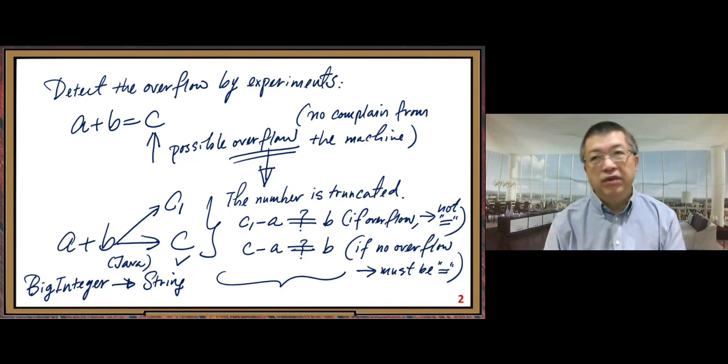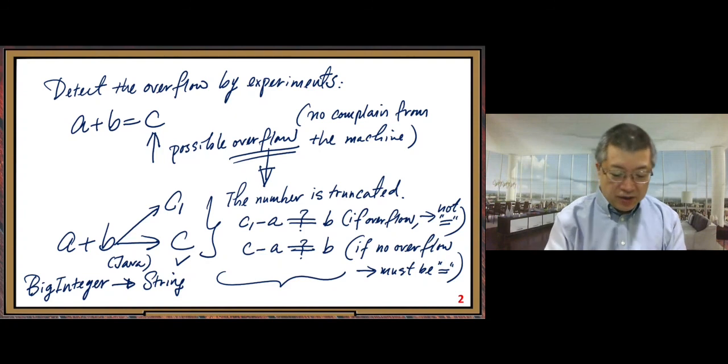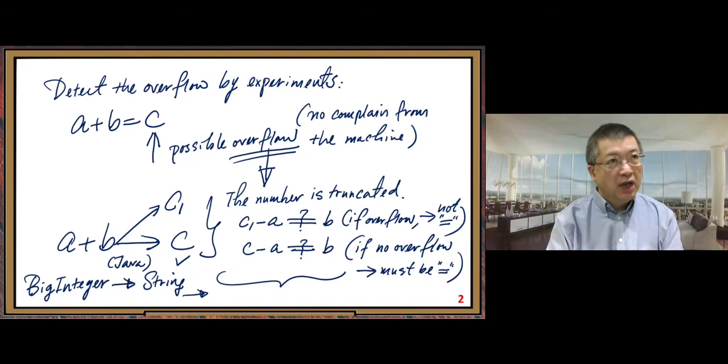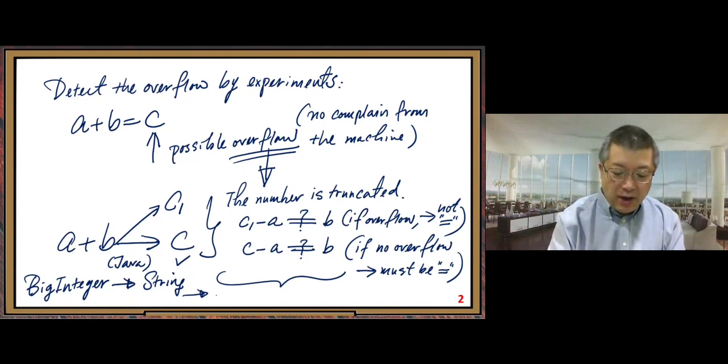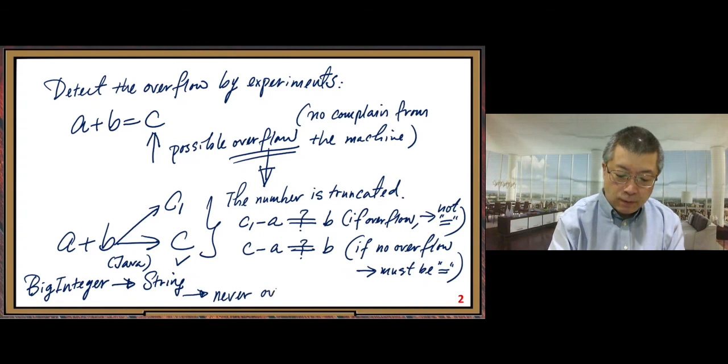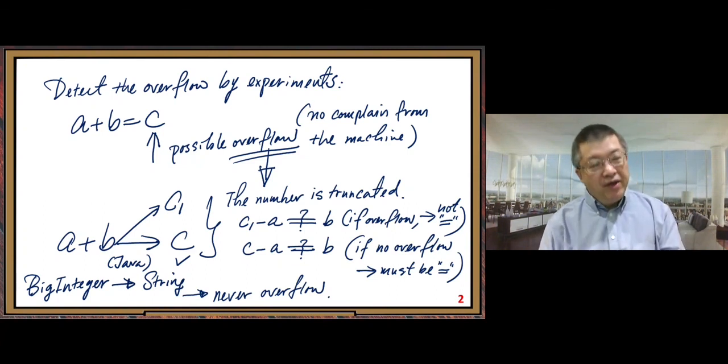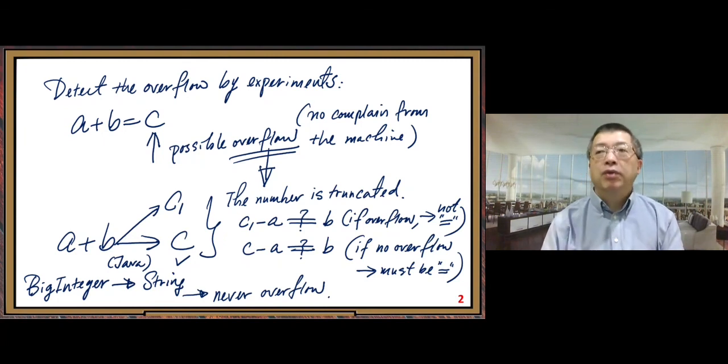There is never overflow. So in this way, Java uses a special big integer class. In that case, never overflow. That's pretty neat. I think Python uses a similar way. Python has built-in support for dealing with big integers.